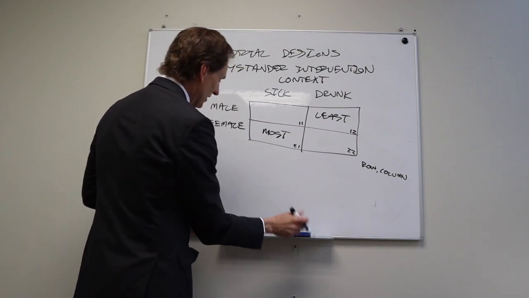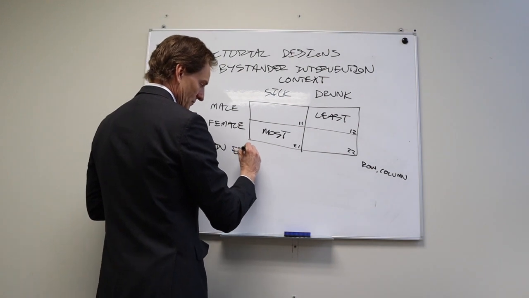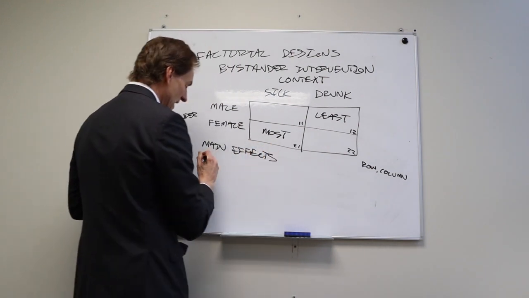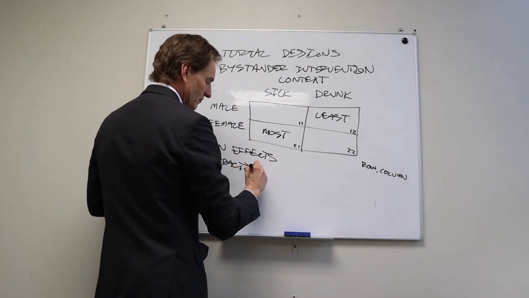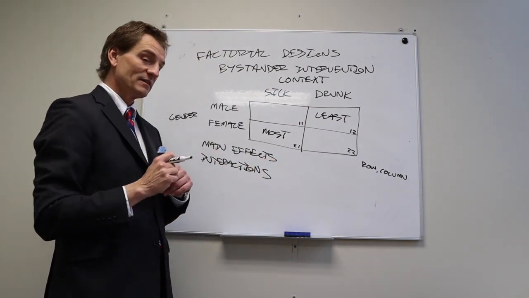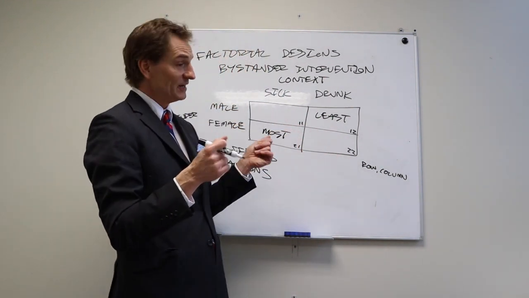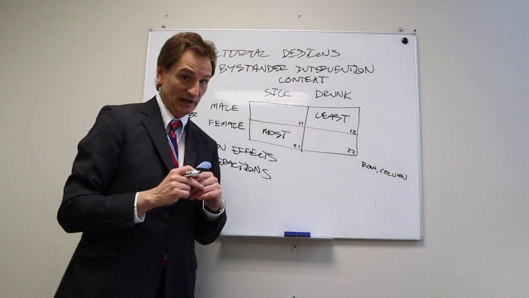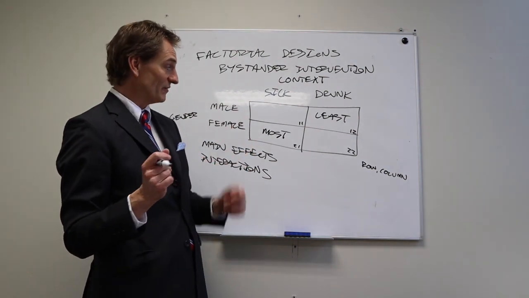But we can take this study and we can break it down into two types of results. And so we have what are called main effects and interactions. The main effect is the impact of a single independent variable in a factorial design. And you have as many main effects as you have independent variables.